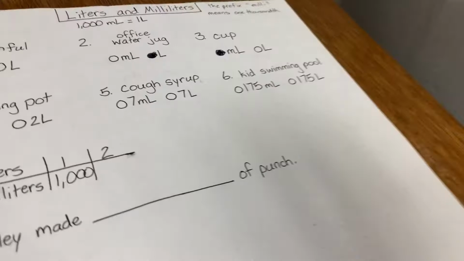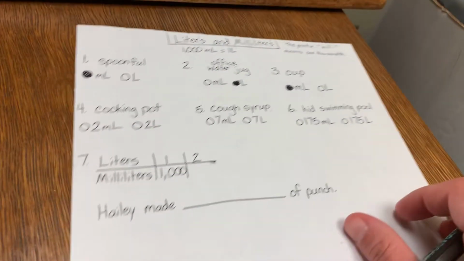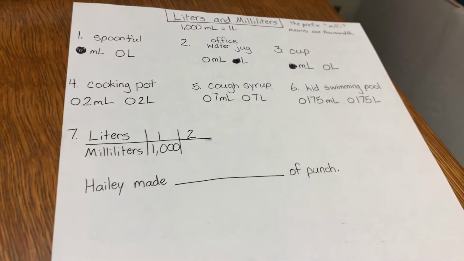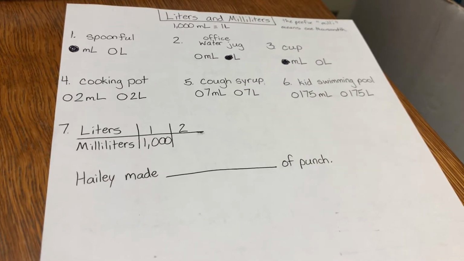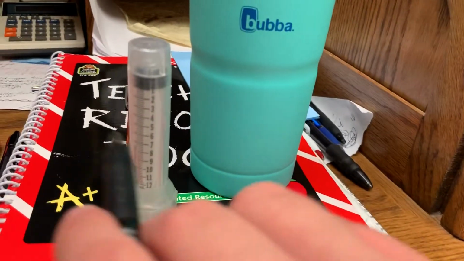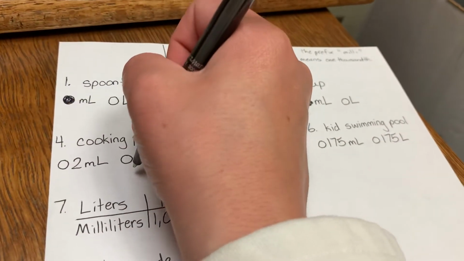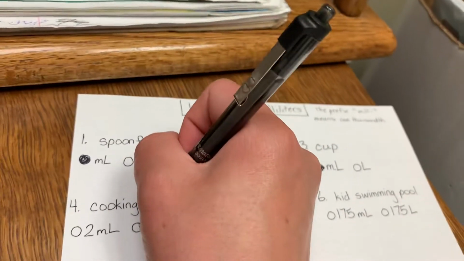Number 4, 5, and 6, it says think of the real object, mark the better estimate. So a cooking pot, something that you might boil water in, would you fill it up with milliliters or liters? It would be better to fill it up with 2 liters of water.